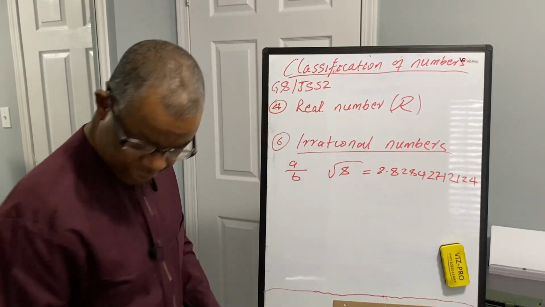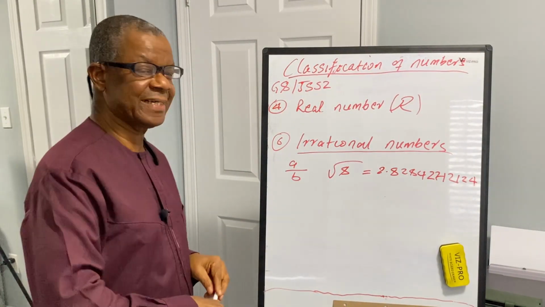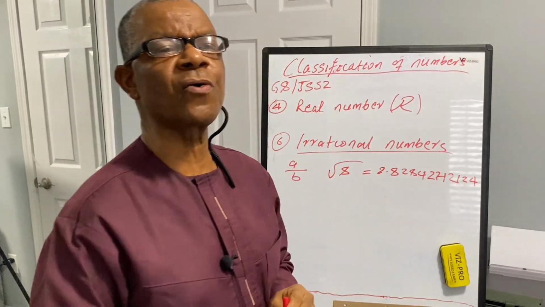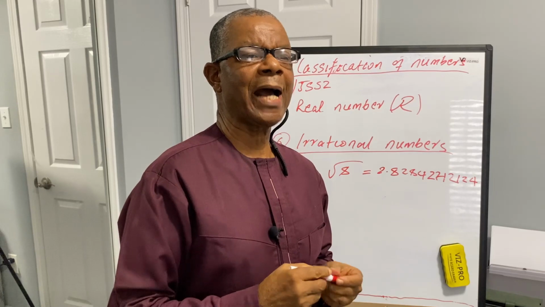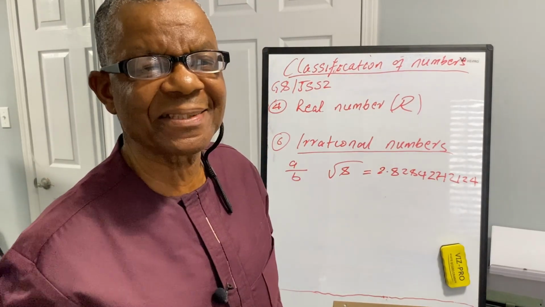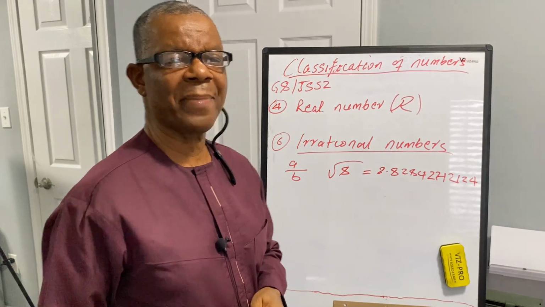I have stopped because the provision has ended. But I want to tell you that this will continue from where you are to another village. Even when we are telling it to stop, it will refuse to stop. Why? It is an irrational number.